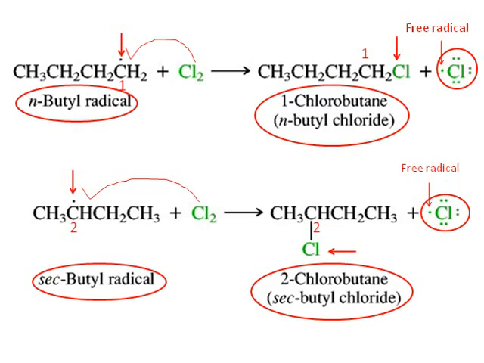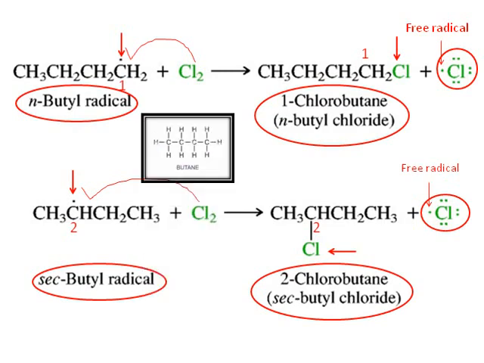So in this way the propagation step will be continued till there is free radical present. So at the termination step we get the major products as 1-chlorobutane and 2-chlorobutane.